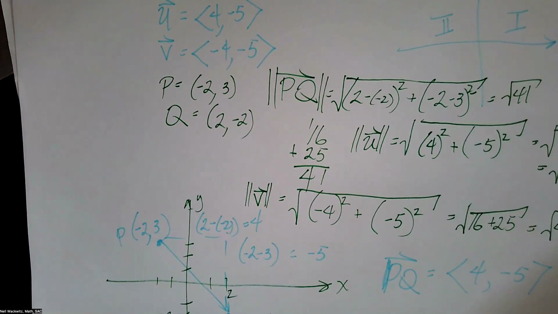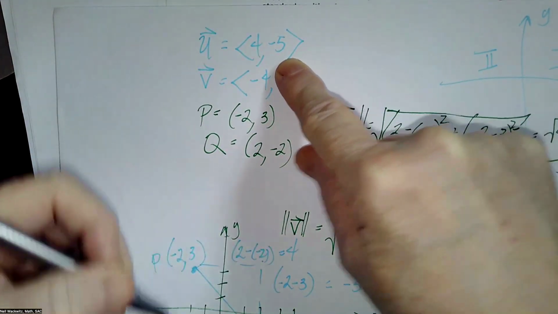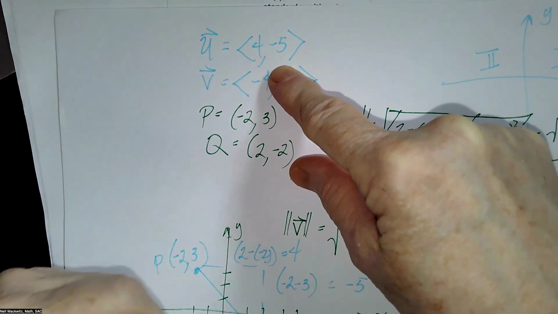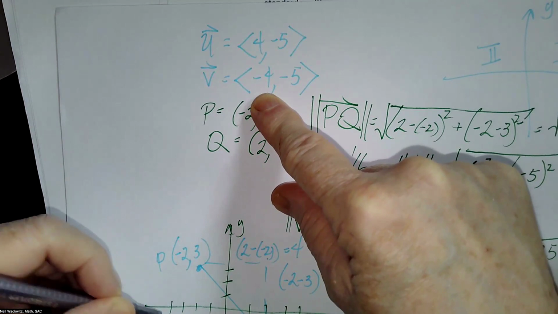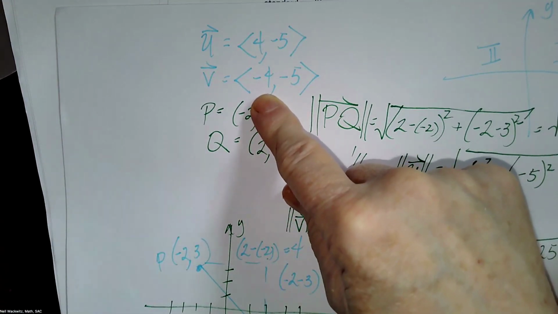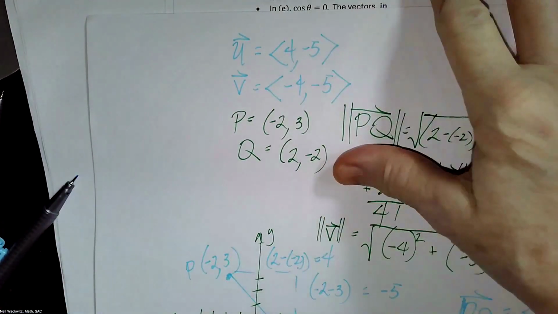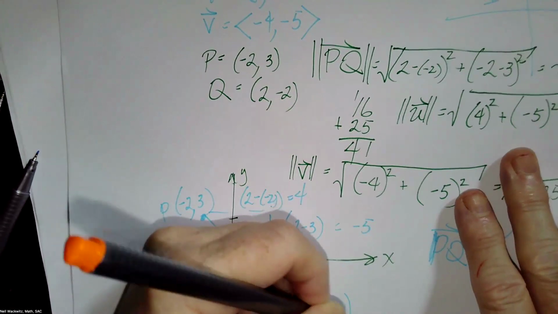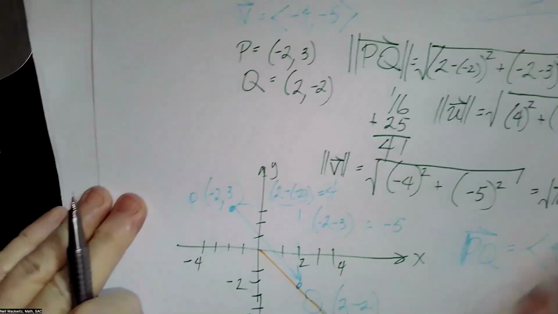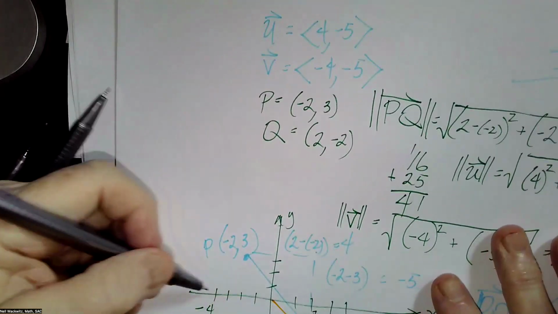Let's look at it. So u is 4, -5. V is -4, -5.